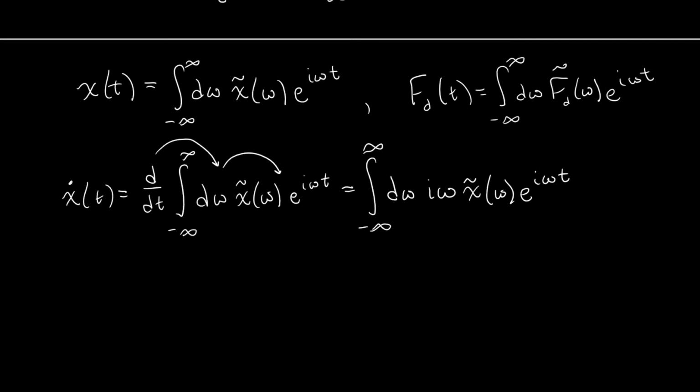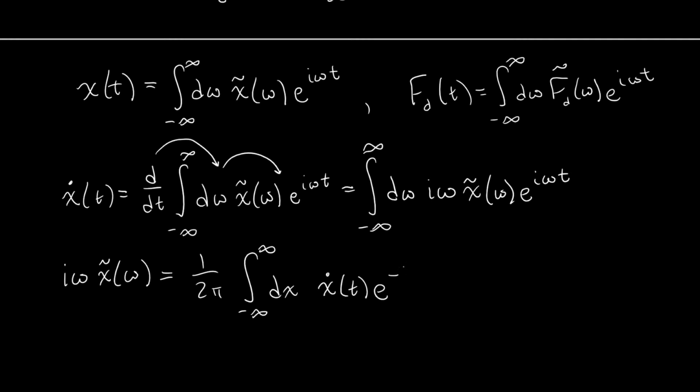So on the left-hand side, I have a time derivative. On the right-hand side, I've just brought down a factor of i omega from the integral. And so we can invert all of this, and what we'll see is that i omega x tilde of omega is 1 over 2 pi times the integral dt of x dot of t e to the minus i omega t.